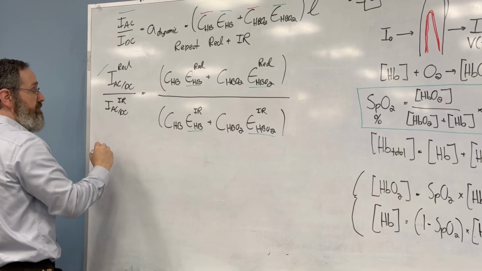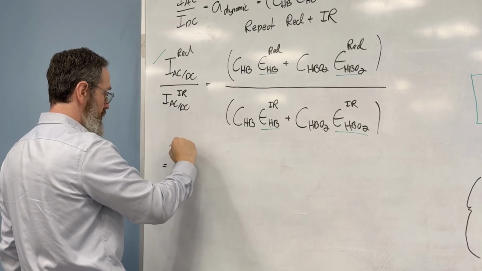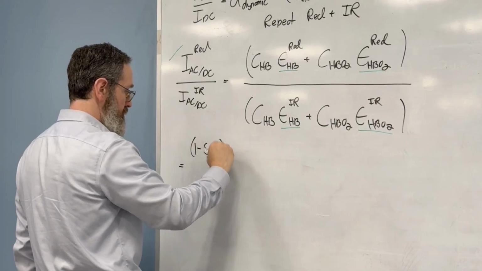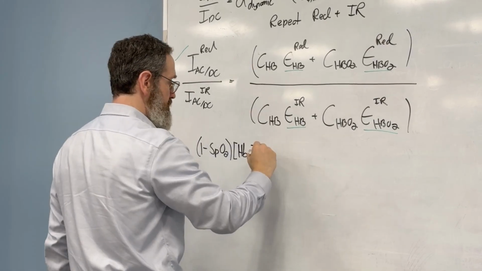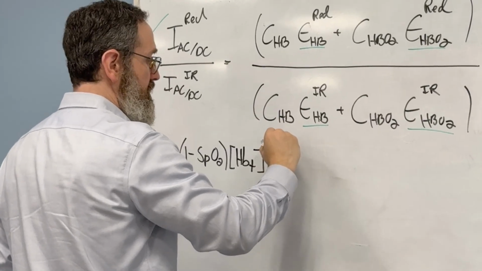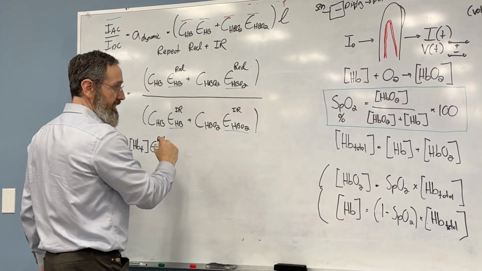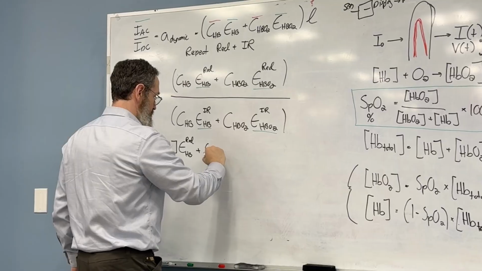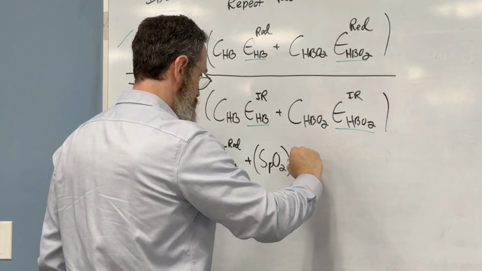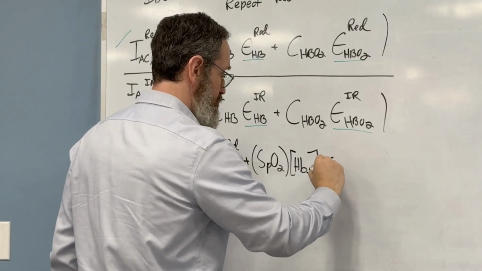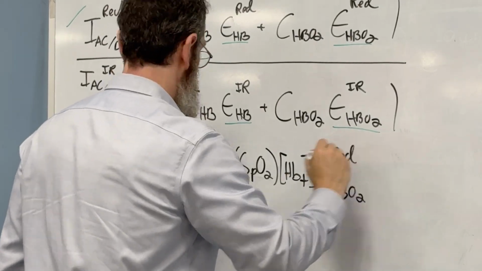The first term is going to be 1 minus SpO2 times the concentration of Hb, let me just write T for total, times the extinction coefficient for deoxyhemoglobin in red, that's not going anywhere, plus, okay, this one is this one, so now I'm going to say SpO2, let me put that in parentheses so we see where it hangs, times the concentration of Hb total times the absorption of HbO2 at red. I don't know if you see what's happening here.